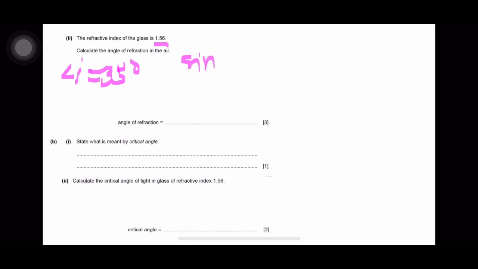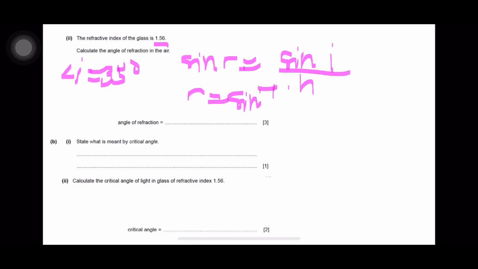Sine R is equal to sine I divided by N. Now, as we know already, we have to get the inverse sine of everything. So sine inverse of sine of 35 degrees, as we have read earlier, divided by N. It's given here, it's 1.56.